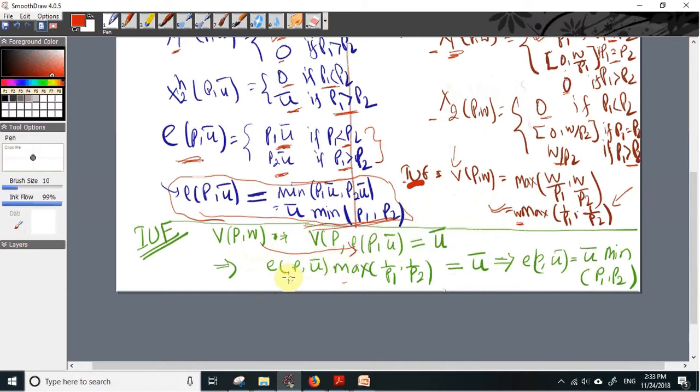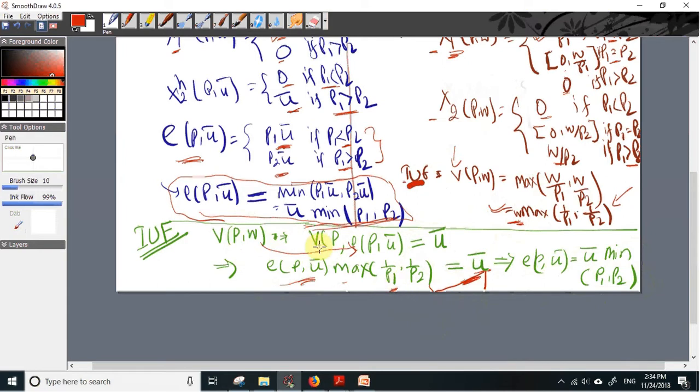So we simply substitute W by E(p, U bar) times max of 1 over P1, 1 over P2 and equate this to U bar, and this becomes simply E(p, U bar) is U bar times, when this goes to the other side, minimum of P1, P2. It is because choosing a maximum value here is equivalent to choosing a minimum value.